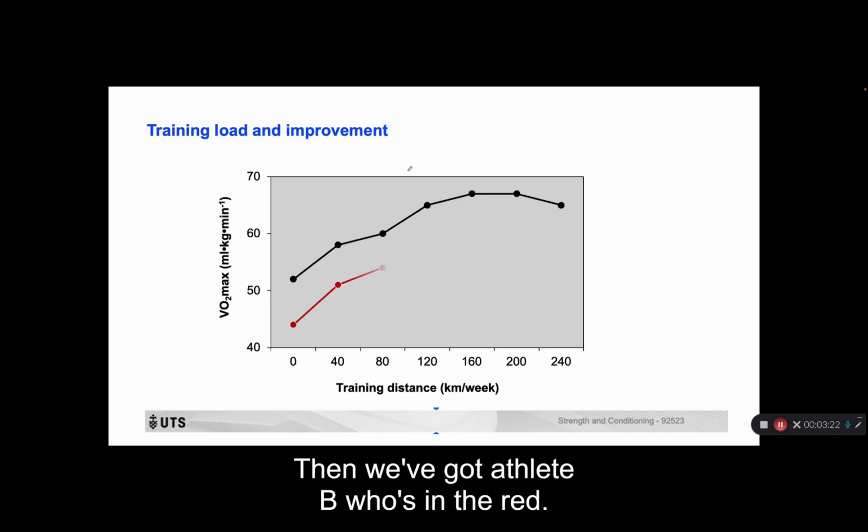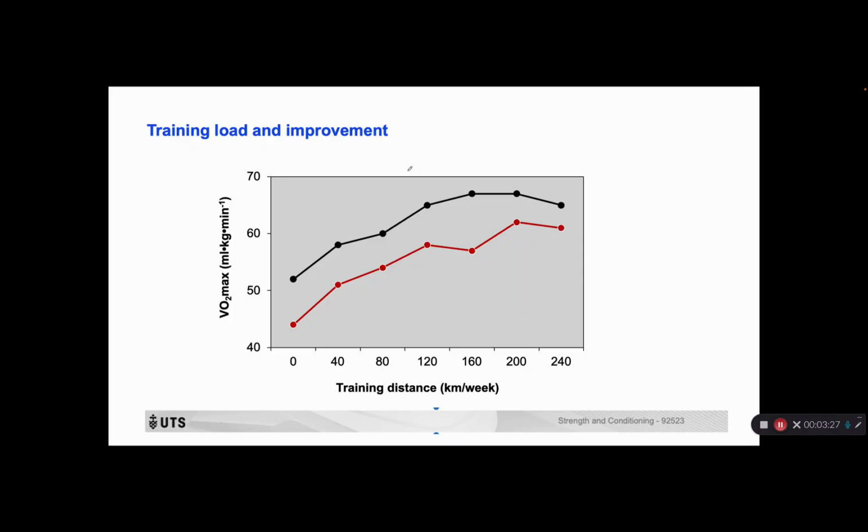And then we've got athlete B, who's in the red, and their starting VO2 max was obviously lower. They haven't got to the same level as athlete A, but the reason why I put this figure up is to highlight that athletes' training or fitness response to different workloads vary significantly.